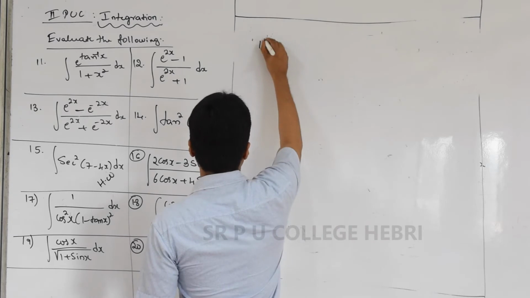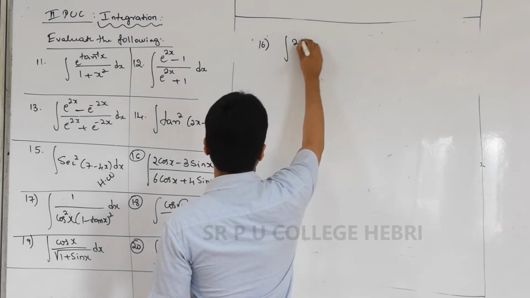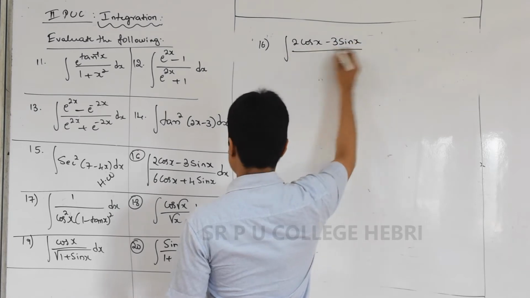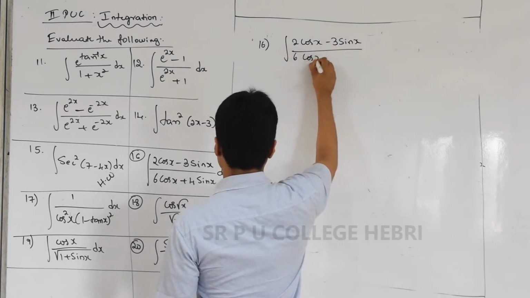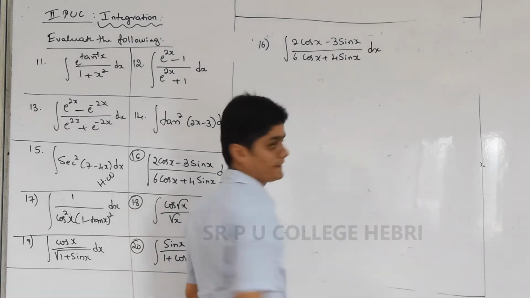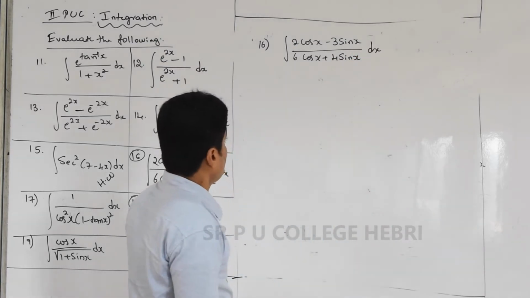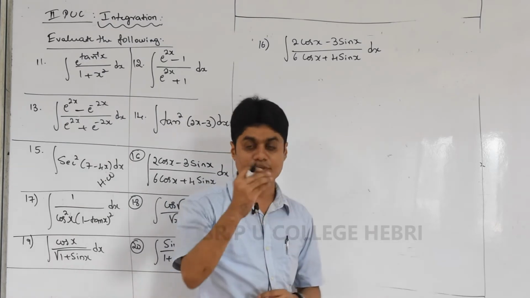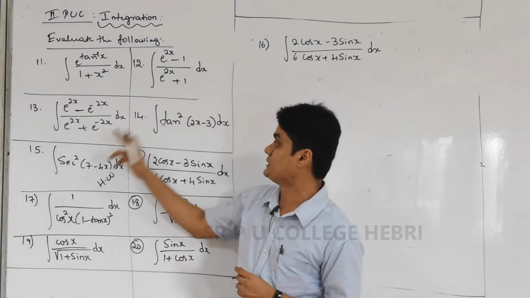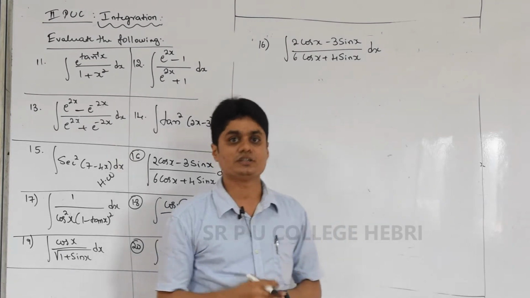So I'm moving to the next one, that is question number 16: 2 cos x minus 3 sin x divided by 6 cos x plus 4 sin x. Now whenever you have p of x by q of x, as I told you in the previous question, question number 13, what is your first work?